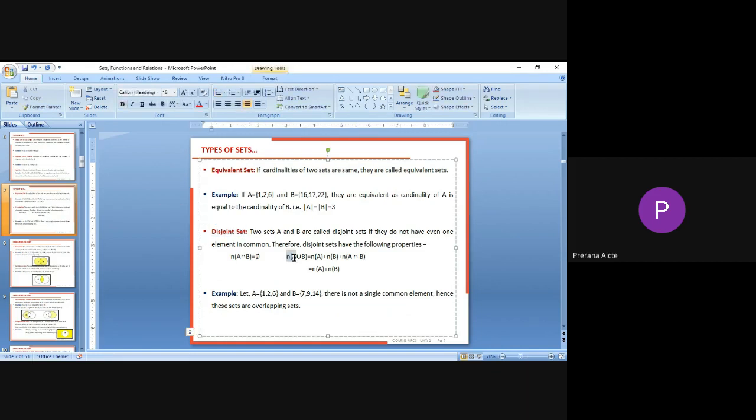With respect to the disjoint set property, n of A union B becomes equal to n of A plus n of B only. And this is an example. A equal to 1 to 6, B equal to 7 9 14. If you observe the sets A and B, there is no common element between set A and set B.